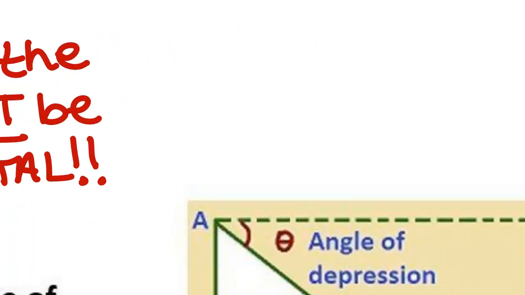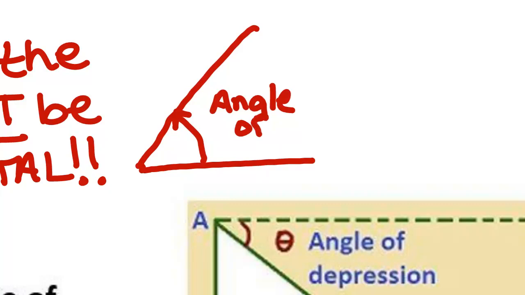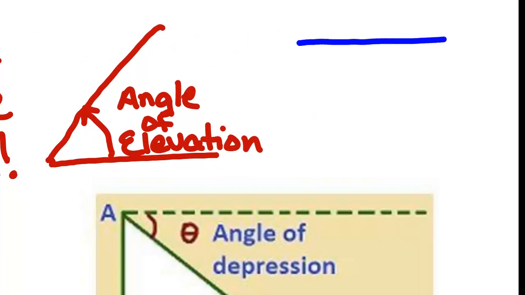So an angle of elevation, we're going to have a horizontal component, and then it will come up. This would be my angle of elevation. An angle of depression, we still have a horizontal component, but for depression, this is how much we go down.